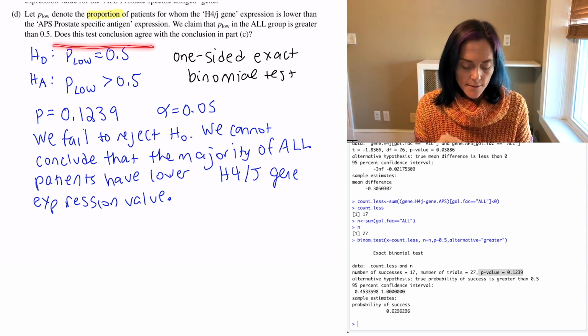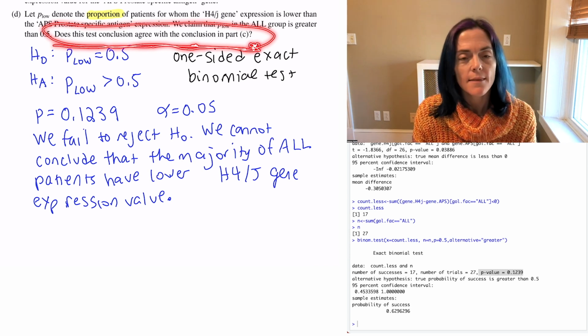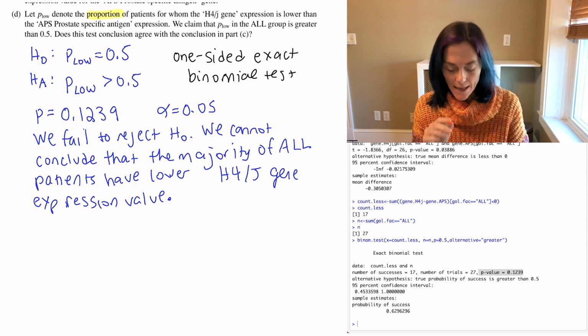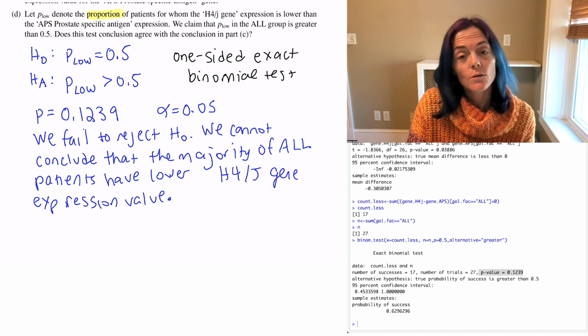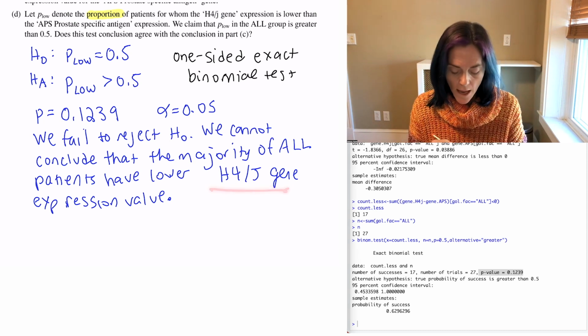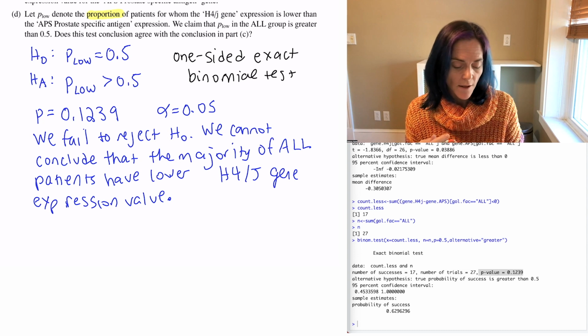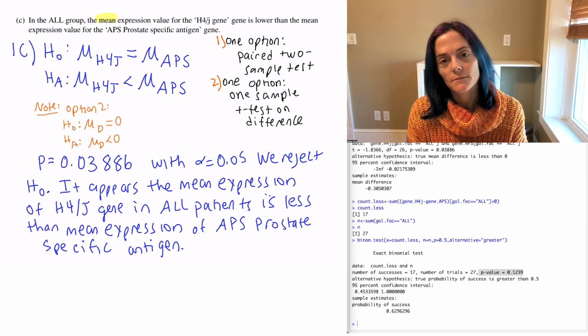Well, there's a second part. It says, does this test conclusion agree with the conclusion in part C? You might think that something is wrong because here we fail to reject. We cannot conclude that the majority of the ALL patients have lower H4J gene expression value compared to the APS prostate-specific antigen.